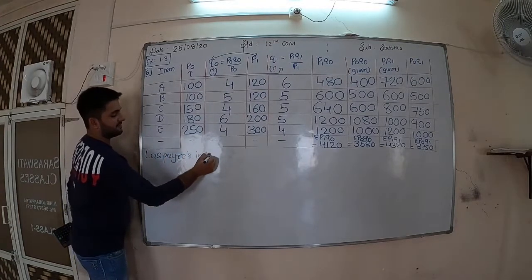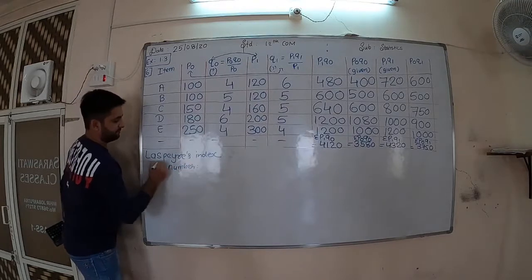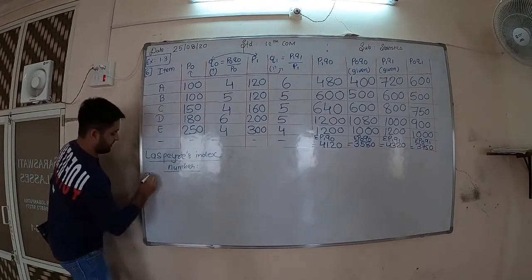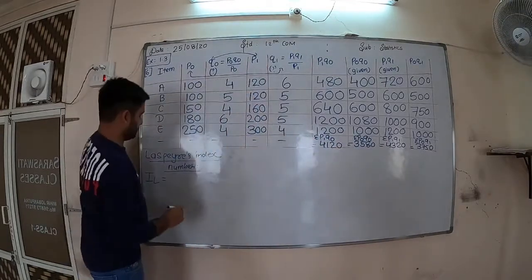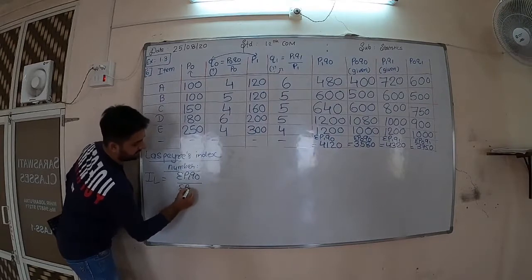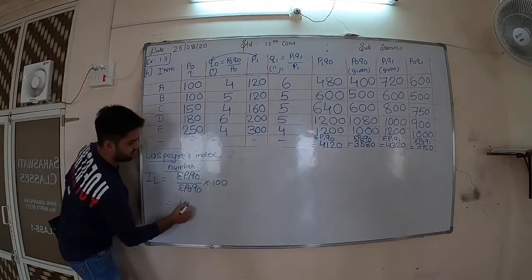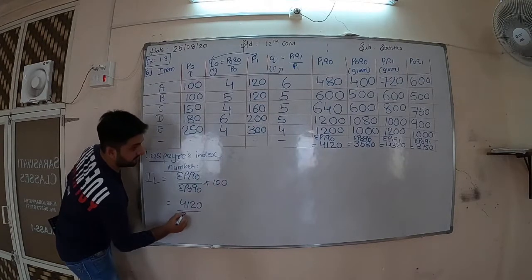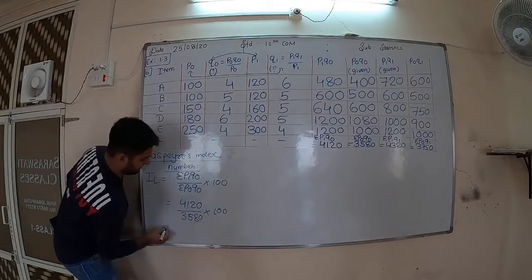Last year's index number, IL. Formula: numerator and denominator. So sigma P1 Q0 divided by sigma P0 Q0 multiply 100. 4120 divided by 3580 multiply 100.